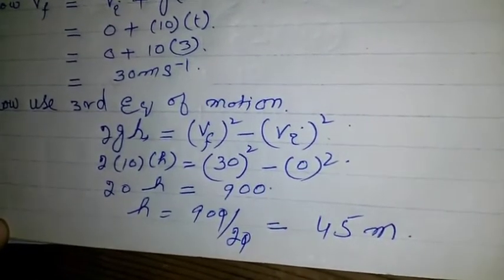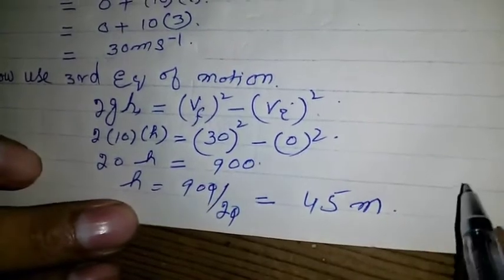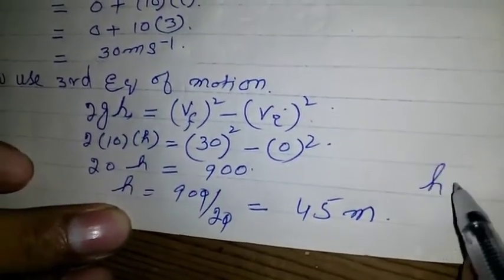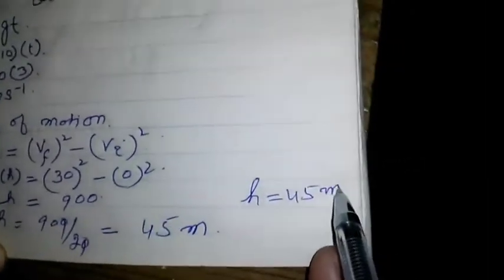The ball reached the maximum height. H is equal to 45 meter is our answer.